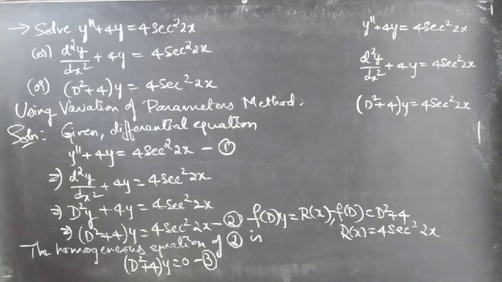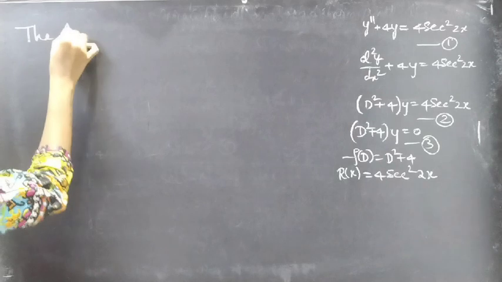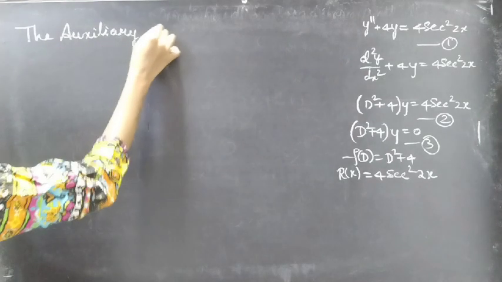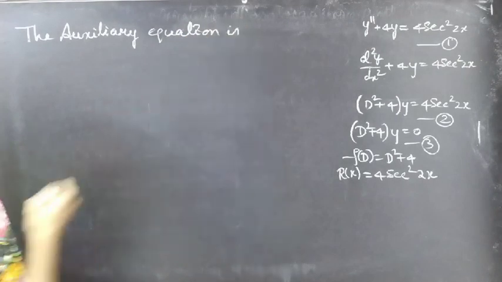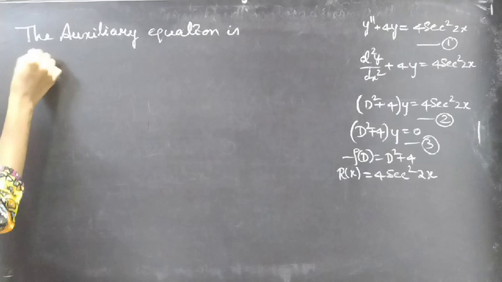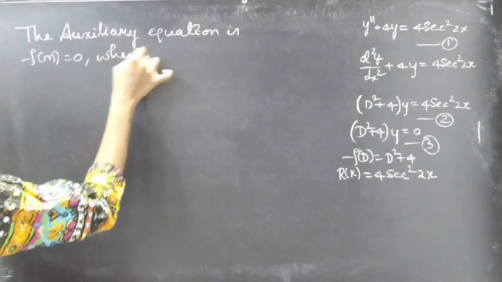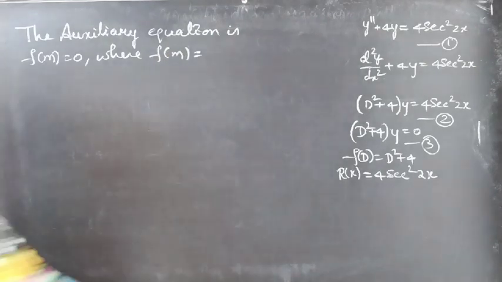Now coming to the auxiliary equation. The auxiliary equation is f(m) = 0, where f(D) is D² + 4, right?